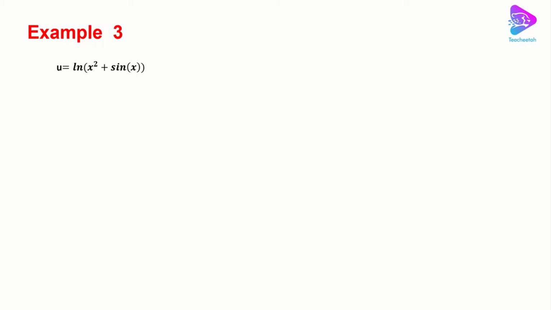We have the natural log of x squared plus sine x, and for this problem we have to see which one is going to be the outside function. Again, we can say the natural log is the outside function for us, and the inside function is going to be x squared plus sine x.